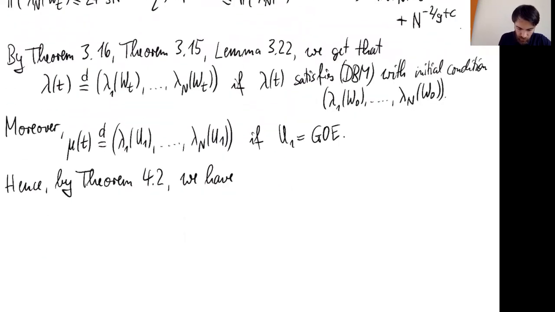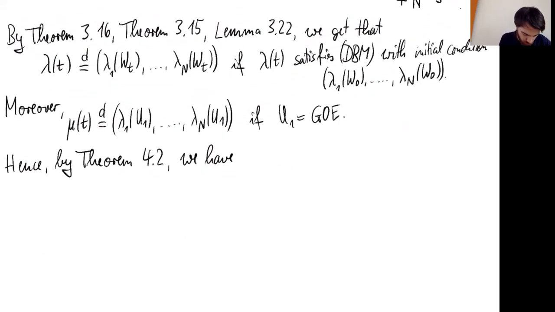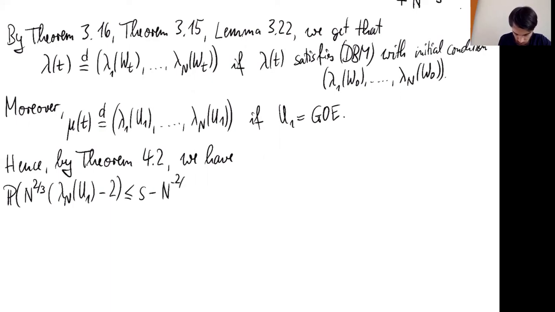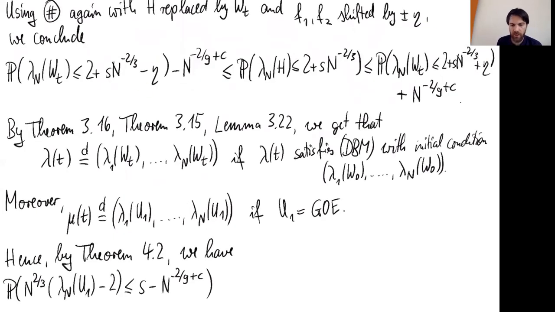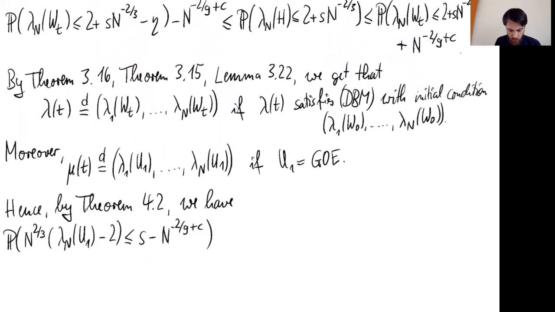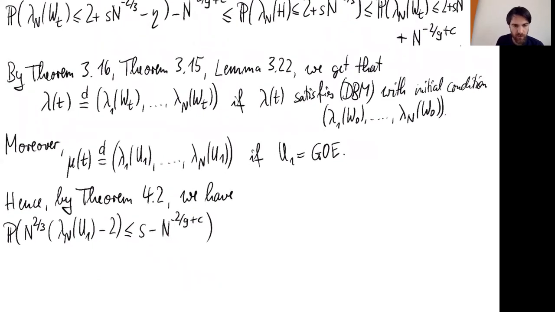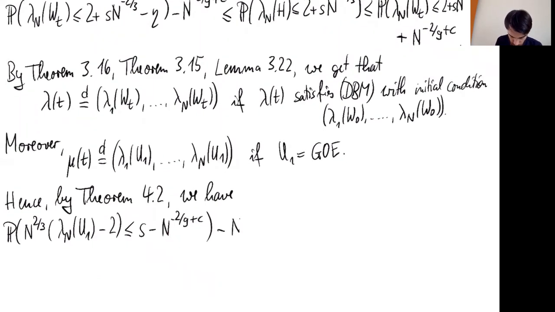So that's what this theorem 4.2 tells me. And the error terms look as follows. n to the 2/3 lambda n of mu1 minus 2 smaller than s minus eta. There's an error term which comes from the eta here, and then there's an error term which comes from this theorem 4.2, and both combined have this shape here.